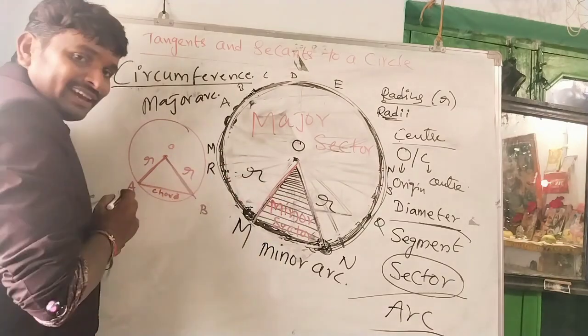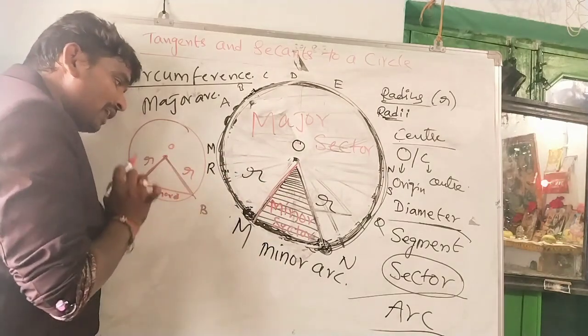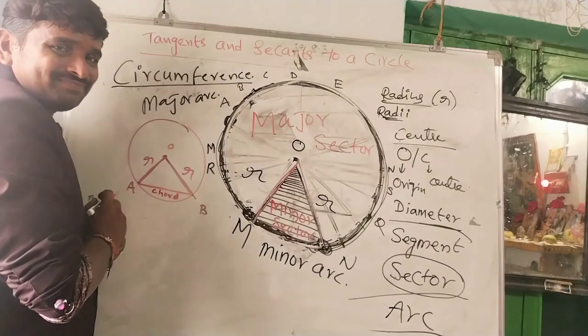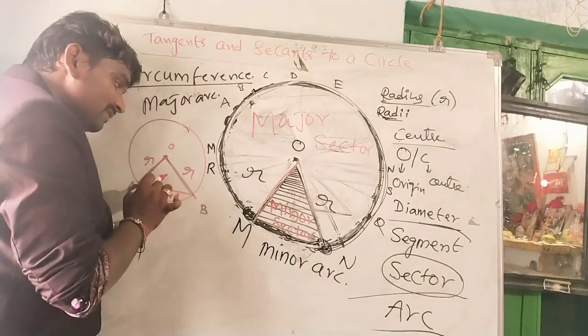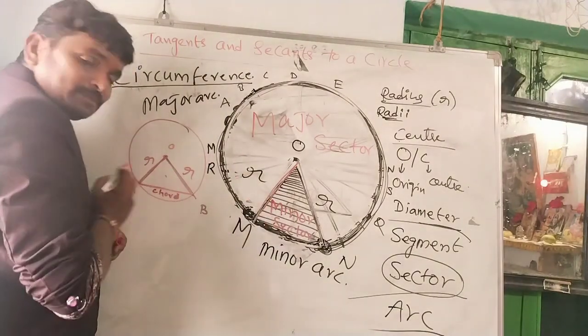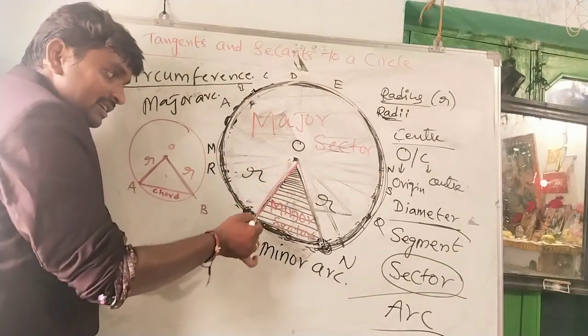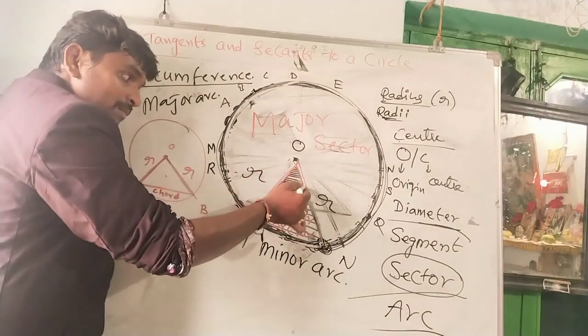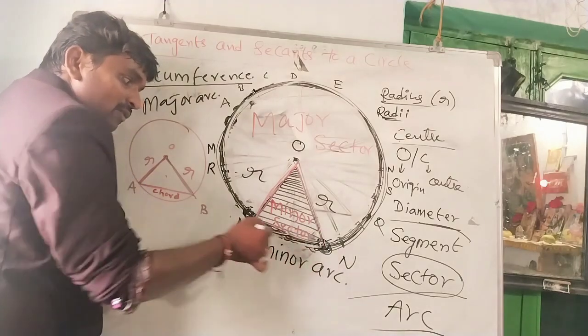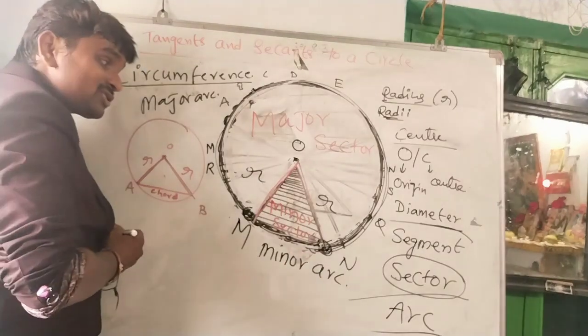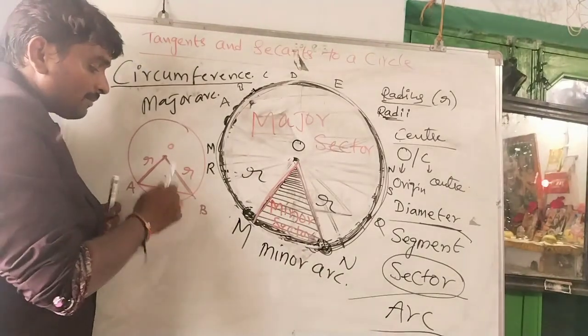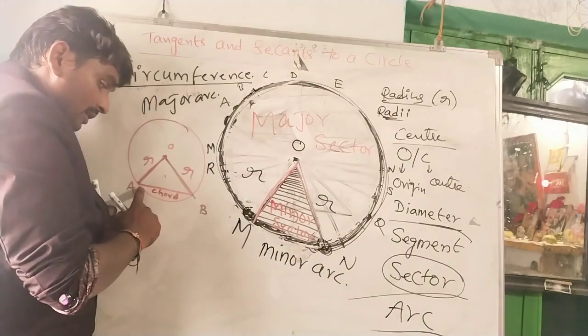But here, what have we taken? What is the difference between this figure and this figure? Here we have taken the area between 2 radii and 1 arc. That is called sector. But here I am not taking an arc.